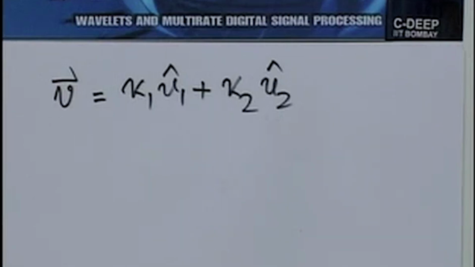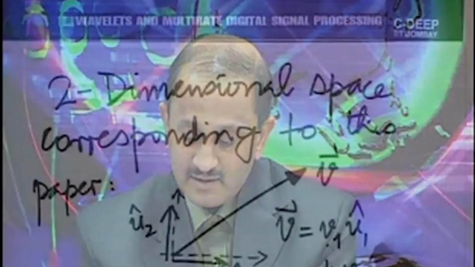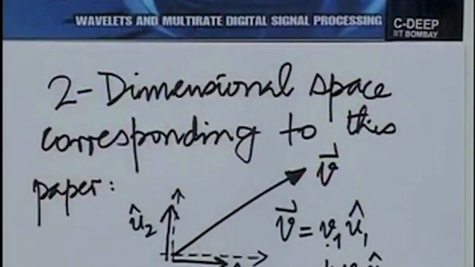The only catch is determining K1 and K2 is a little more difficult than determining the constants in the previous representation. In fact, let me go back to that previous representation. I had this representation previously where v is v1 u1 cap plus v2 u2 cap.